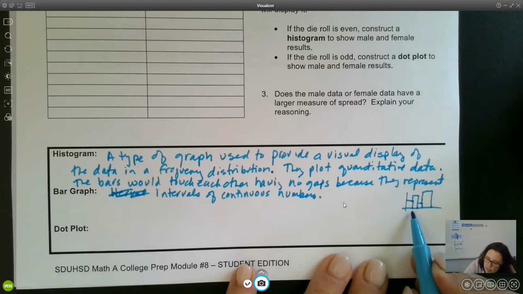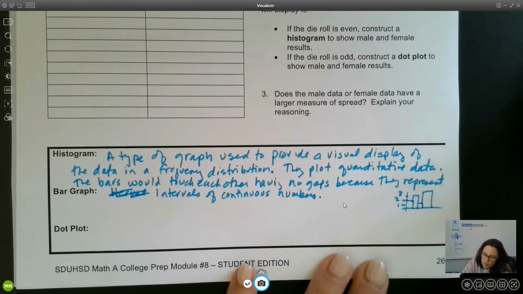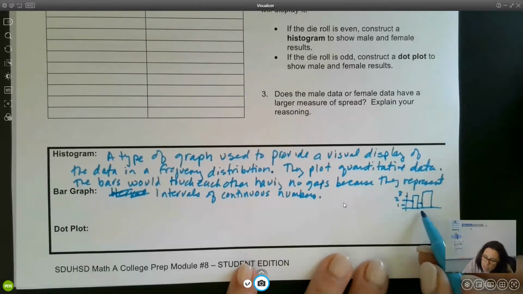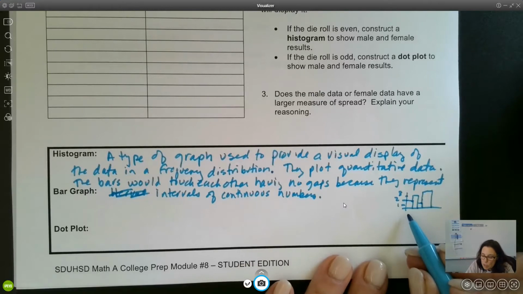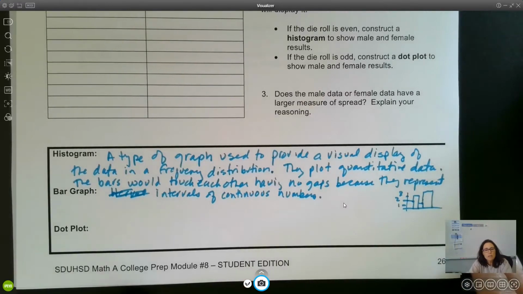These would be labeled as the frequency that it occurs. And then down underneath would be ages 20 to 25, ages 26 to 30, labeled as such.